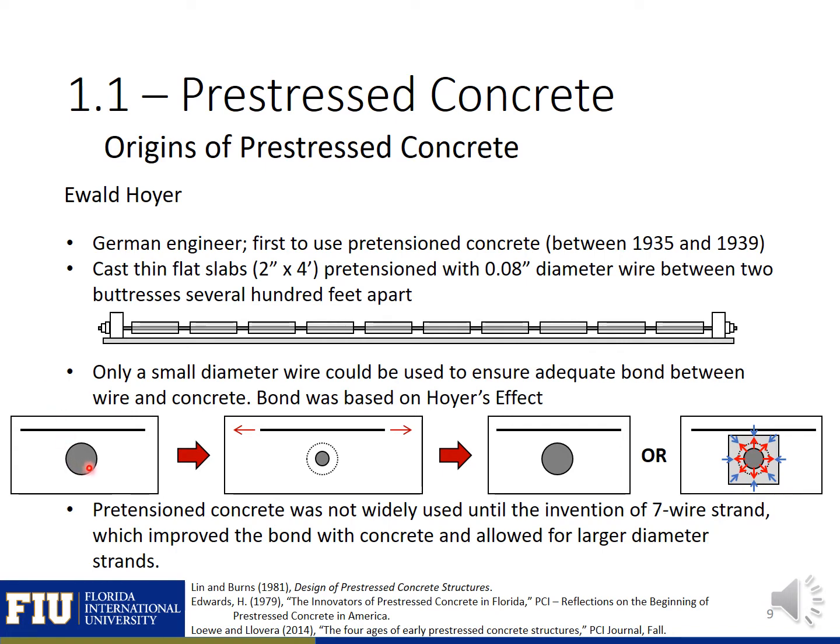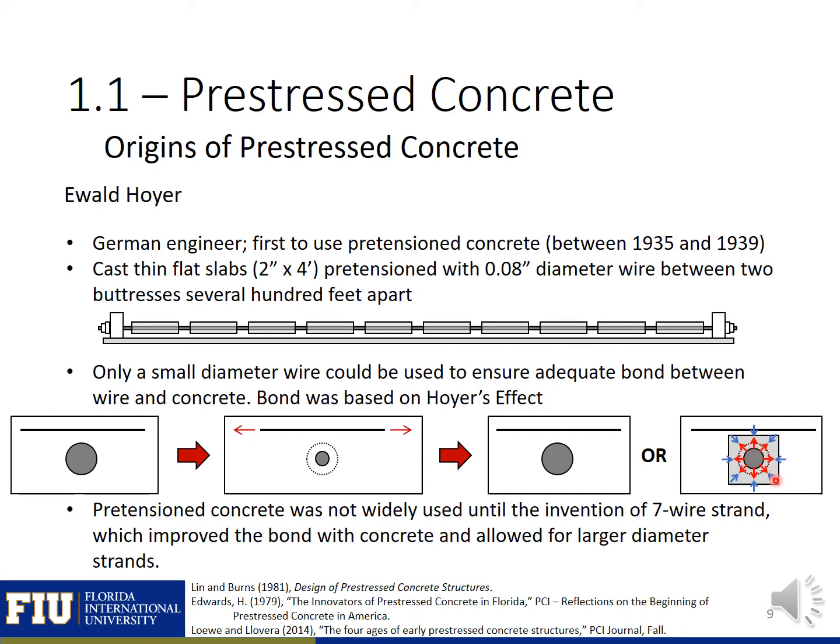Essentially, when you tension a wire, the diameter of that wire decreases, related to the Poisson's ratio, and you're tensioning the wire before the concrete is cast. After you tension the wire and cast the concrete around it, when you release the strand, it wants to return to its original diameter, and the surrounding concrete resists that.